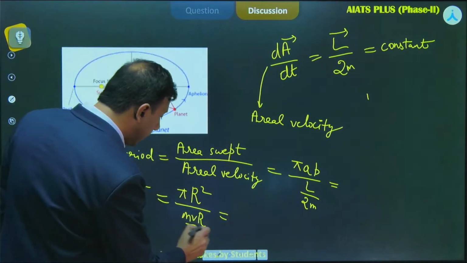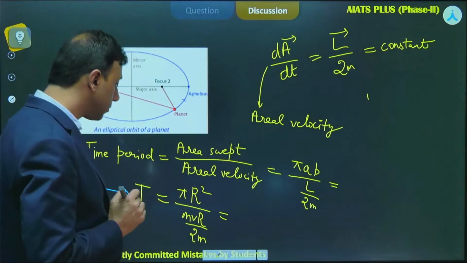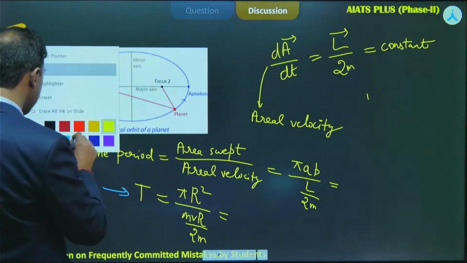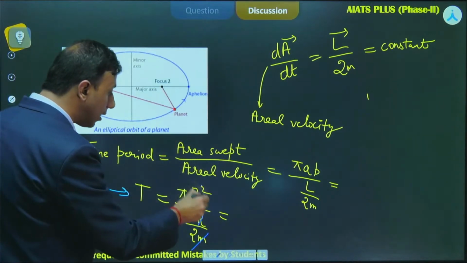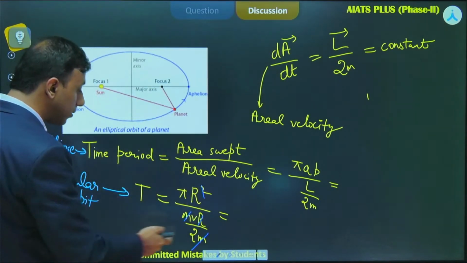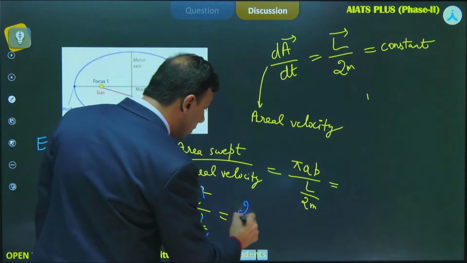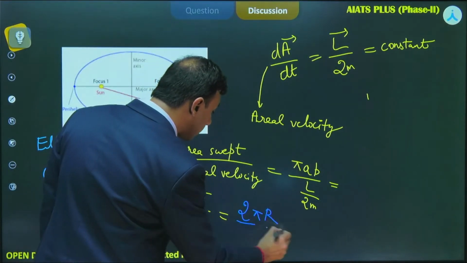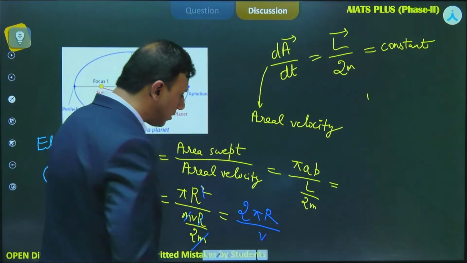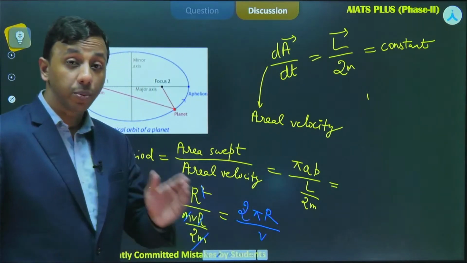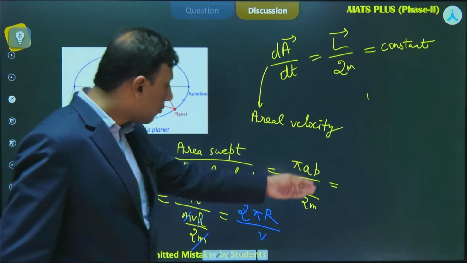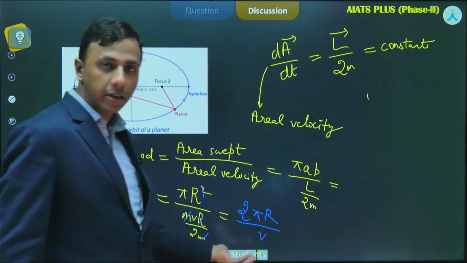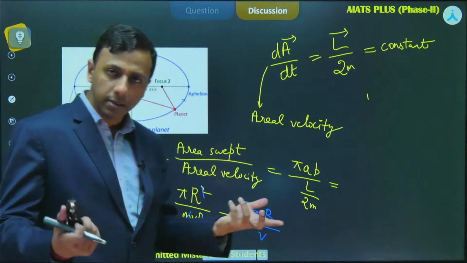So L by 2m, and if you see, m gets cancelled, 2 goes up, r and r square get cancelled. So what remains is 2 pi r upon v. This is the classical formula which you must have been studying since your 9th class. But from this formula also you are getting the same time period, so you can remember it like this as well.